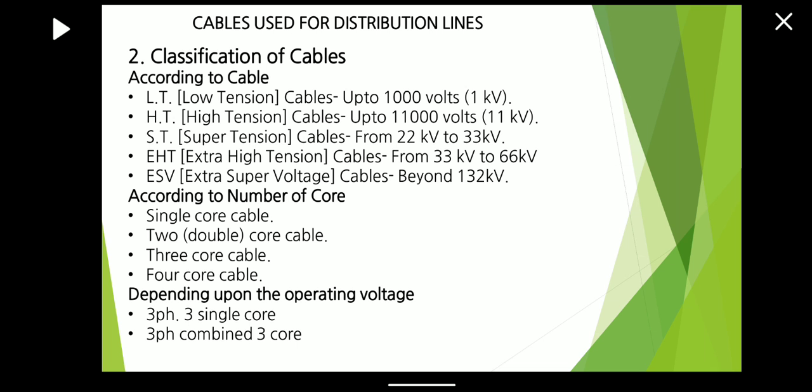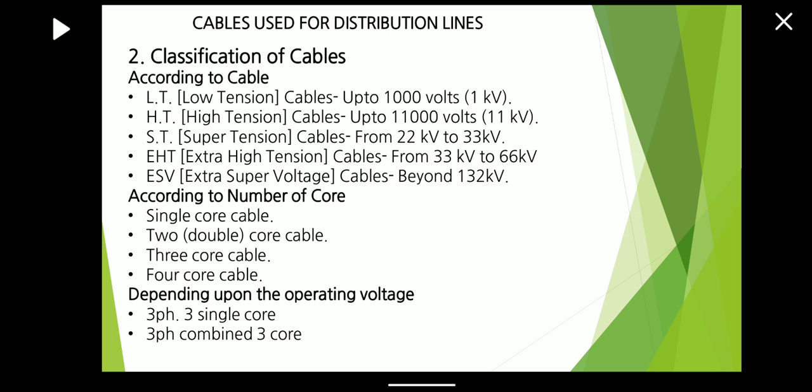Next is classification of the cable. According to the voltage, first the low tension cable, LT cable, is up to 1000 volts, that means 1 kV. Second is the HT cable, high tension cable, whose voltage limit is 11 kV.